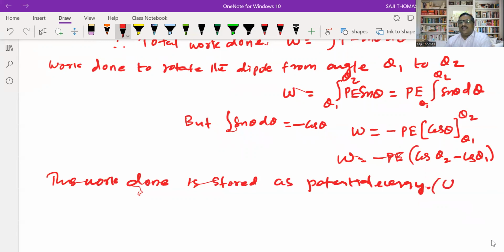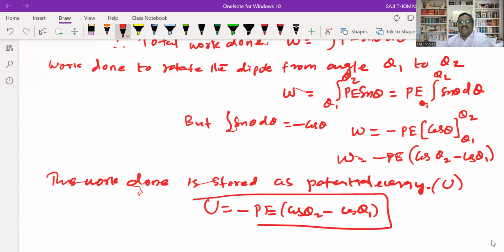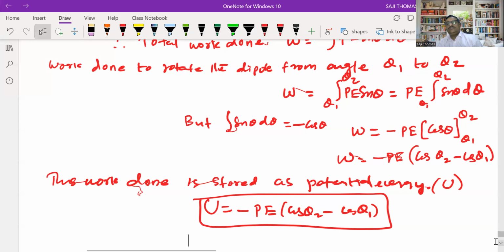I usually write the symbol U. U equals minus P E into cos theta 2 minus cos theta 1. This is the equation for the potential energy of an electric dipole placed in an external field. Students, I believe it is clear to you.